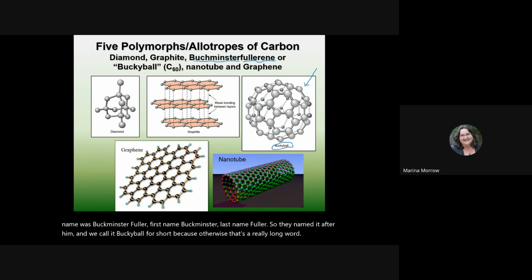Okay, and it has 60 carbons in a sort of soccer ball pattern. And when they looked in soot at the same time, they found what are called nanotubes. So the ring-like structure that's in graphite is now forming a circle, a cylinder.